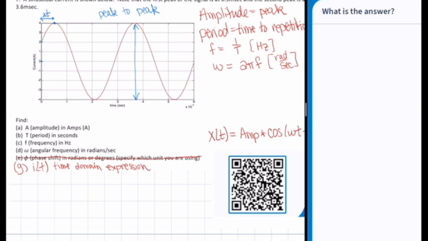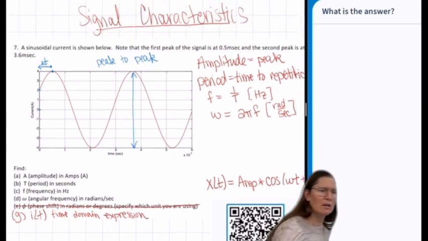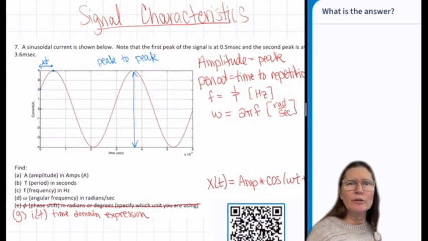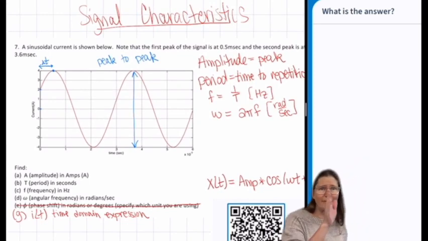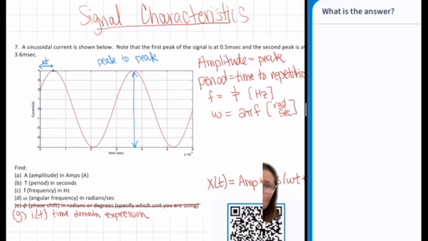So it was, let me move it down to you. It's at 0.5 milliseconds that the first peak is, and then 3.6 milliseconds is the second peak.